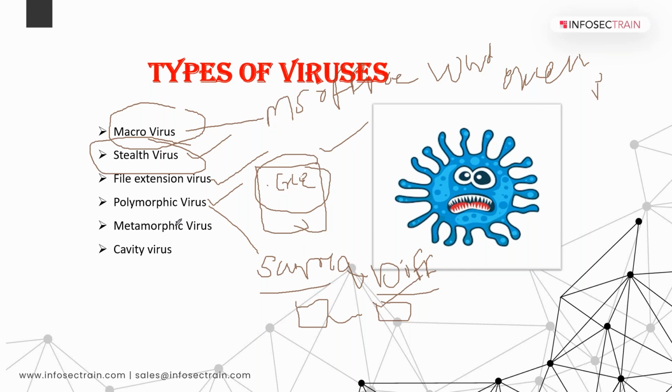That is polymorphic. Metamorphic means every time it replicates, a different code and a different algorithm are generated. Metamorphic: different code, different algorithm. Polymorphic: same code, different algorithm.